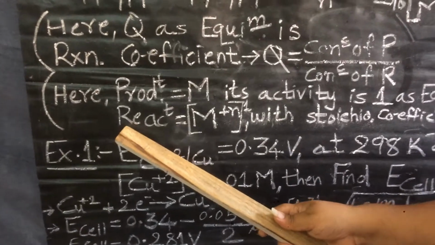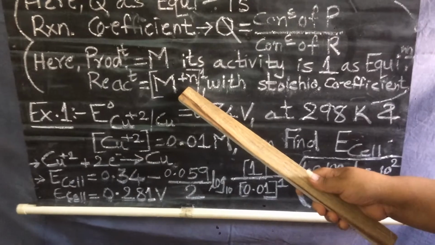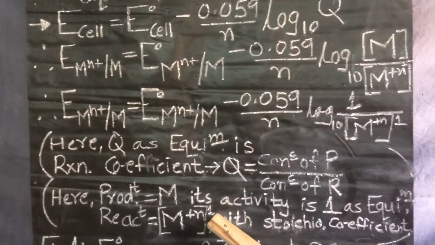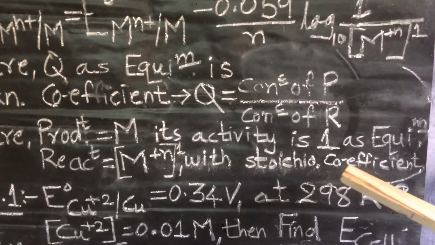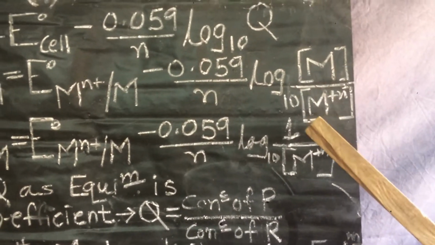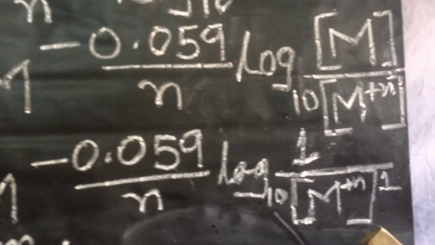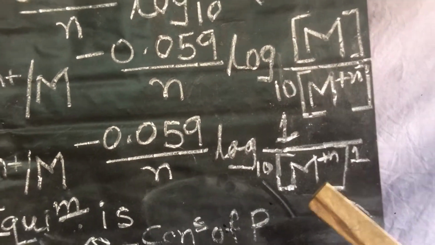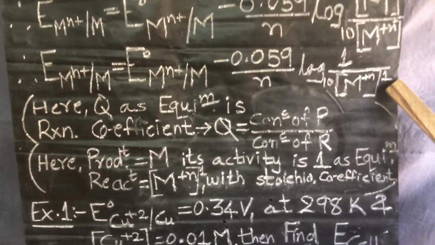And so here, on the reactant side, the reactant is M plus n. Its coefficient is 1, which is to be taken as the power, developing from the stoichiometric coefficient. As it is metal, its activity is unity, 1, and on the reactant side it is in the charged form, so M plus n with power 1.